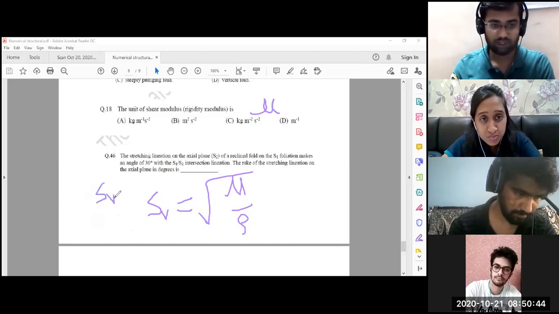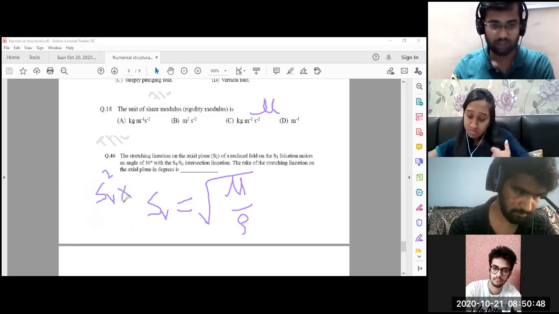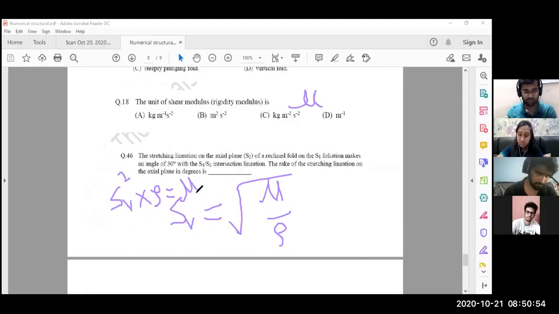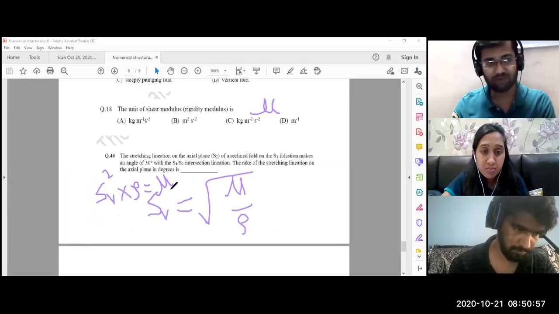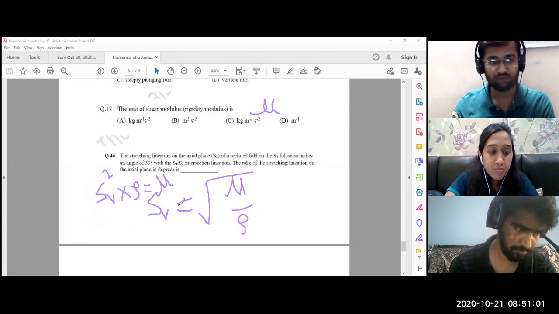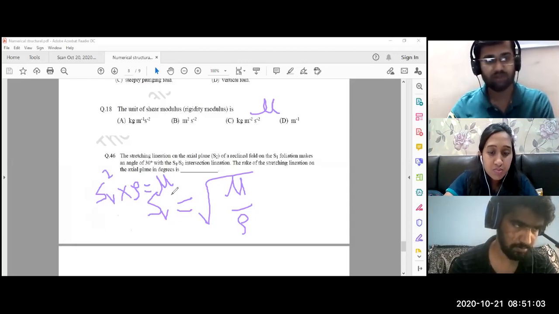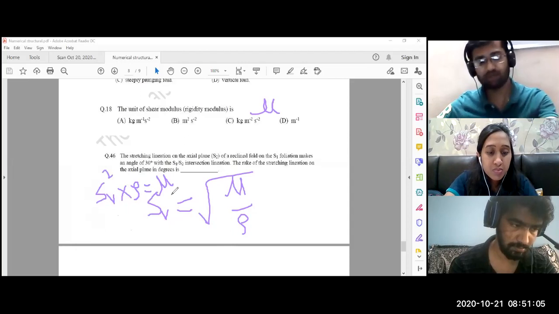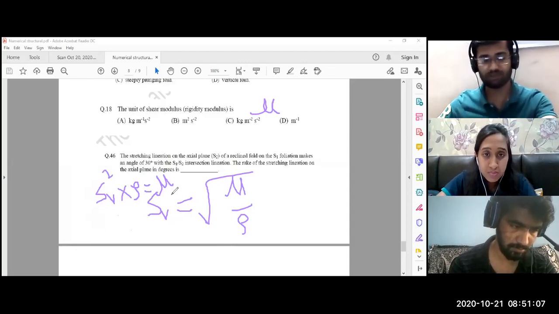S wave velocity squared multiplied by rho equals mu. You can use any formula of mu; this formula is easy to remember, that is the reason I'm using this. You can also use the formulas from one-dimensional and two-dimensional strain conditions.